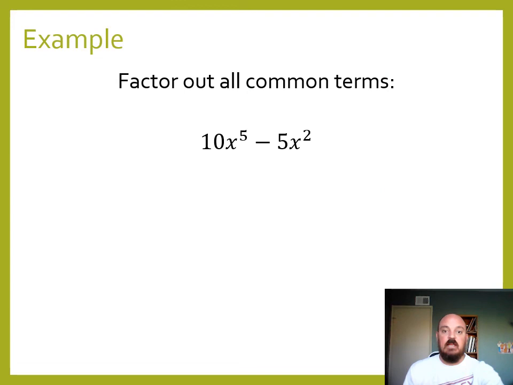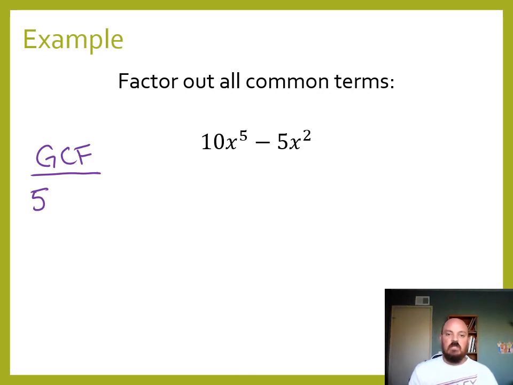Last example for today. We have 10x to the fifth minus 5x squared. Let's do the GCF off to the side again. The biggest number that divides into both 10 and 5 is 5. I'm not even going to do the factor tree for this one because I can kind of see it.